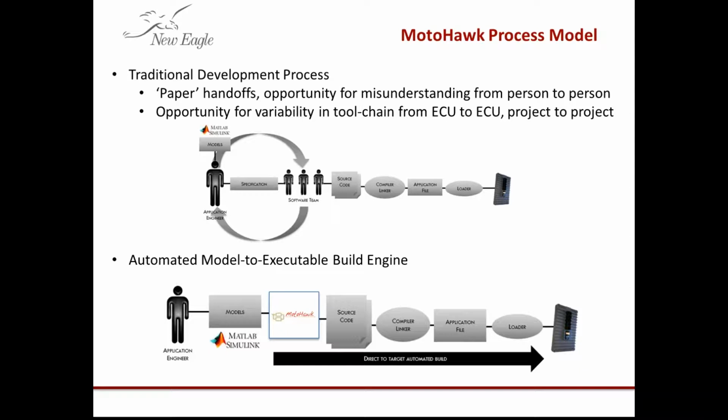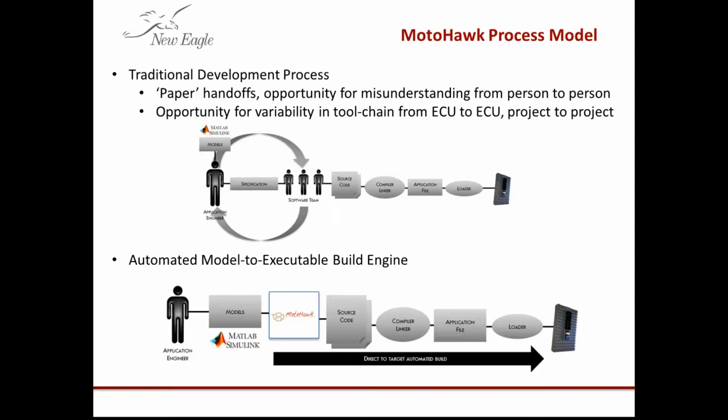So when you're using a model-based design tool like ModelHawk, the application engineer like myself can sit on the left, develop his models, and then use ModelHawk to jump straight to source code, and not just that, but to go straight through source code compiling and linking and create an application file that can then be loaded directly into the ECU.